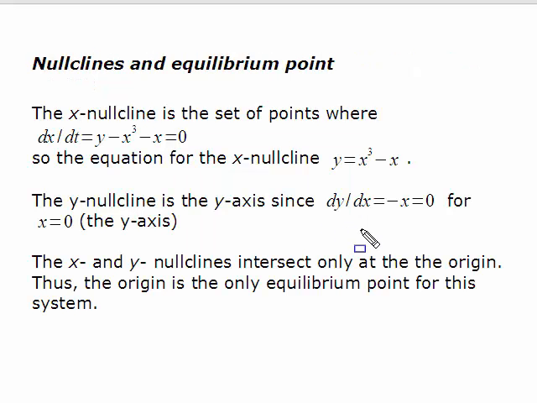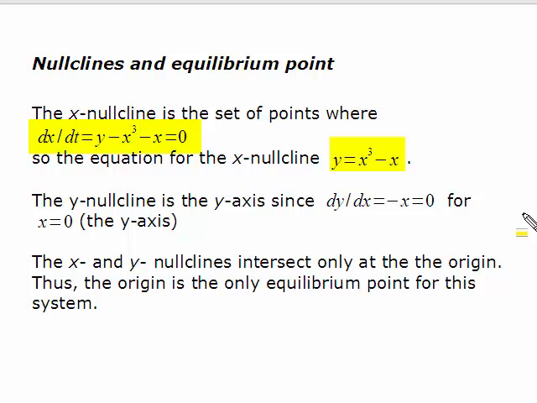As in the previous chapter, we go through and try to find first the nullclines and the equilibrium points. So the x nullcline is a set of points where the first line in the system is 0. Okay, so here's the equation. Now we'll notice, in contrast to the previous cases in lecture 1, this is not a straight line. It's cubic.